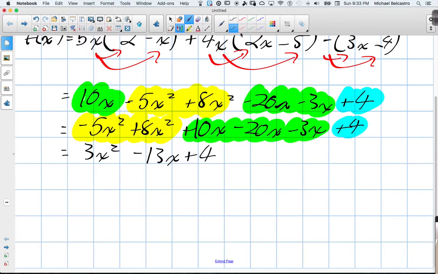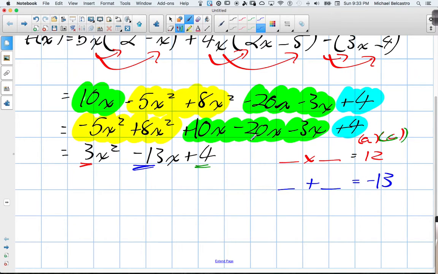We can do some product sum factoring. That's where you find 2 values that multiply to what a times c is. The a and the c, c is usually green, at least when I write it. A times c, so that's 3 times 4. That's going to give us 12. And then we need 2 values that are going to add to whatever our middle term is, which is -13.